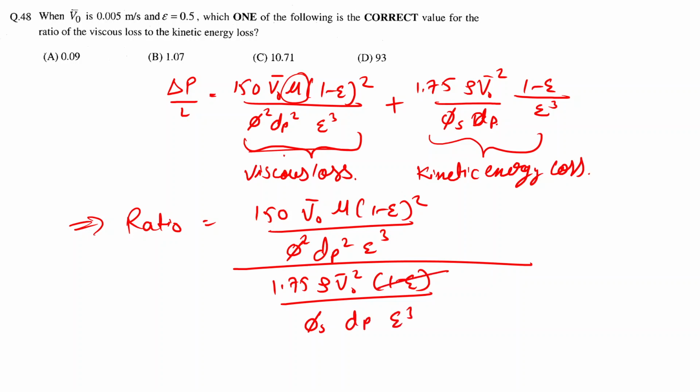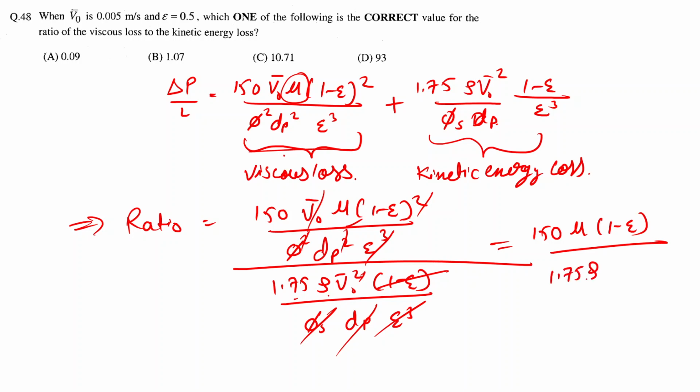So let's just cancel all the common terms. So we will be left with the ratio as 150 mu into (1 minus epsilon) upon 1.75 rho, then we are having this phi s dp and this superficial velocity V naught.